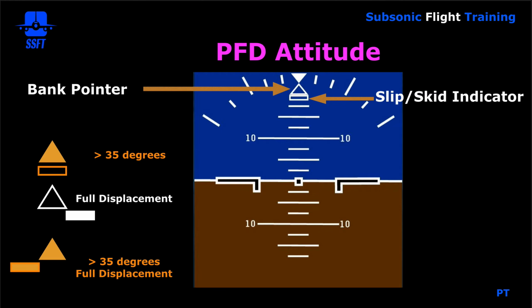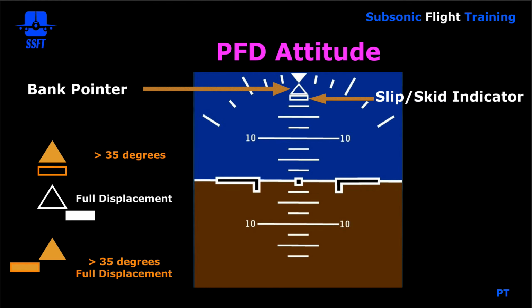Your wings are completely level. Underneath that, there is a slip skid indicator that's represented by the small rectangle. Sometimes we refer to this whole combination as the sailboat, because it looks like a sailboat.